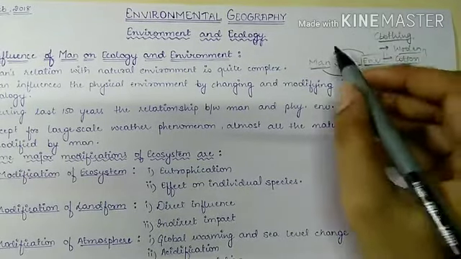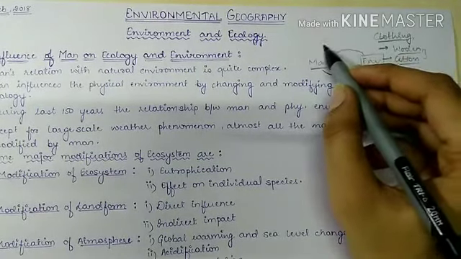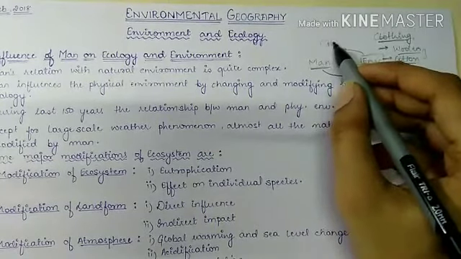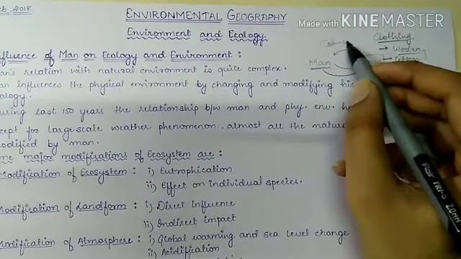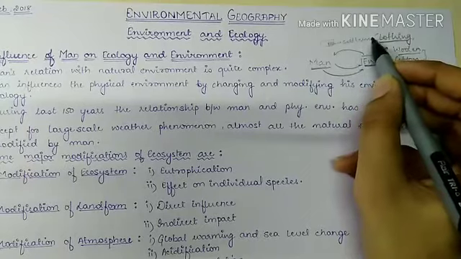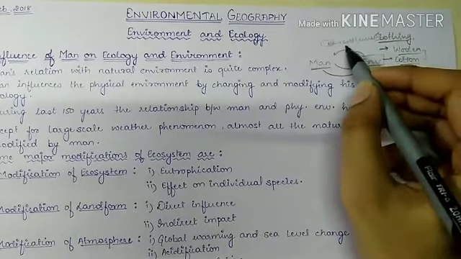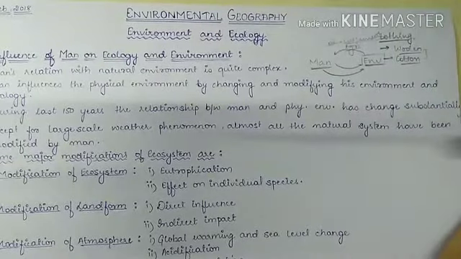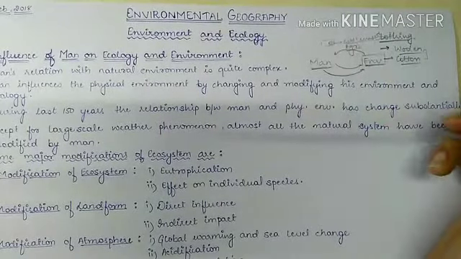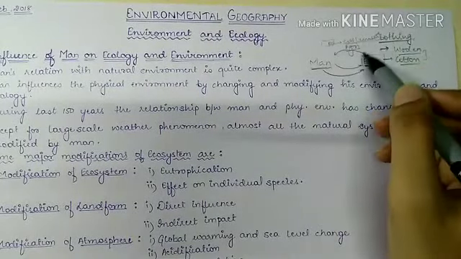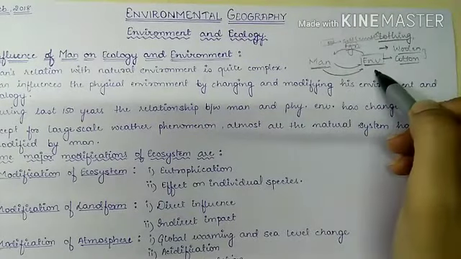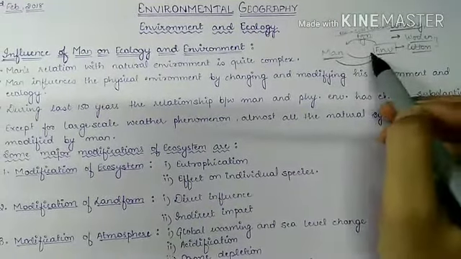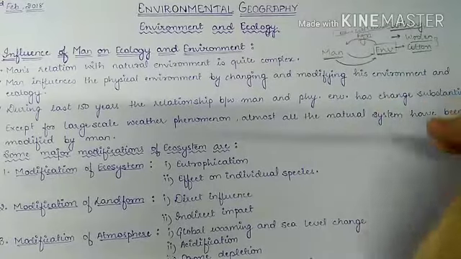Like how, see, the forests are being cut. The patches of forest are being cleared for settlement, for agriculture. And there are various other examples which we can give of man influencing the environment. So both of them influence each other.